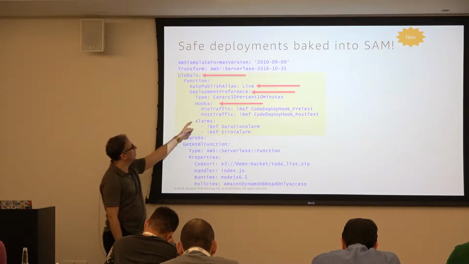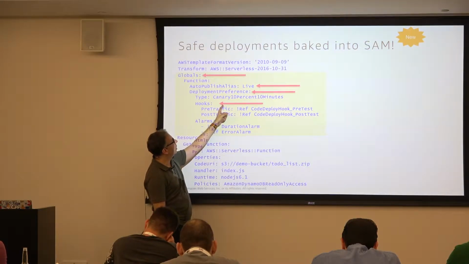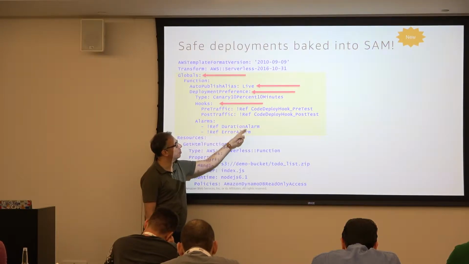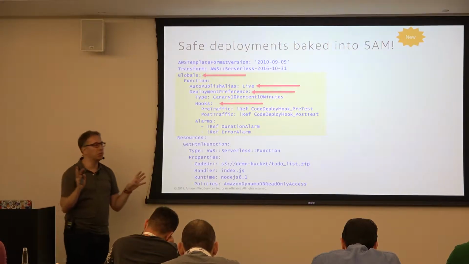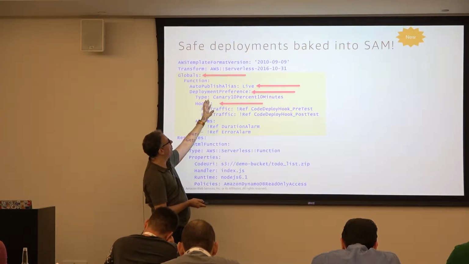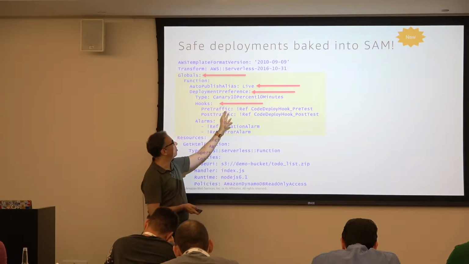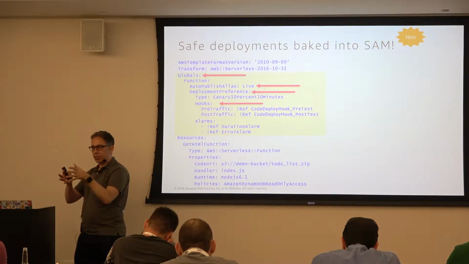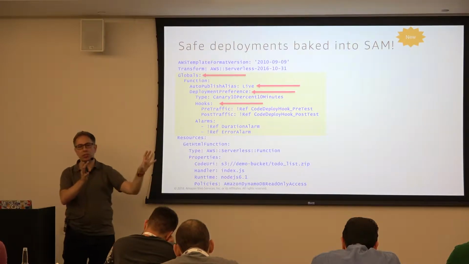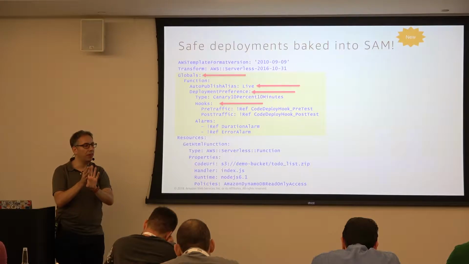Hooks are really interesting because hooks are 2 Lambda functions that you can create and write with any logic you want, and they are executed before and after the deployment. So the pre-traffic function is run when the new version of your function is being created, but still no user has ever had access to the function.